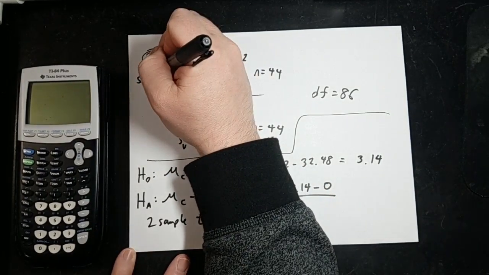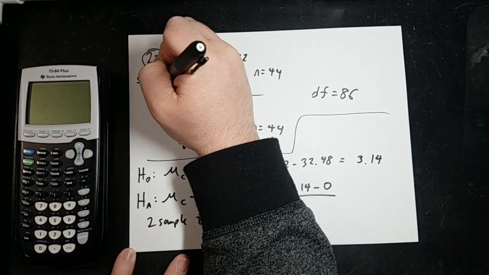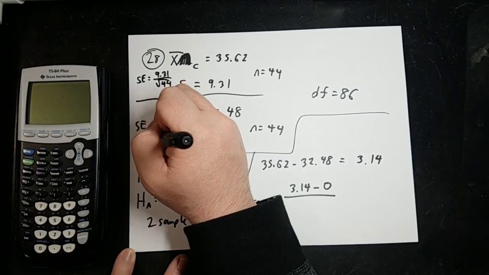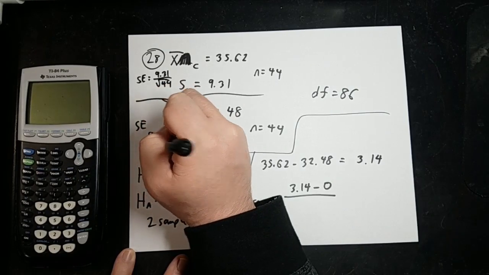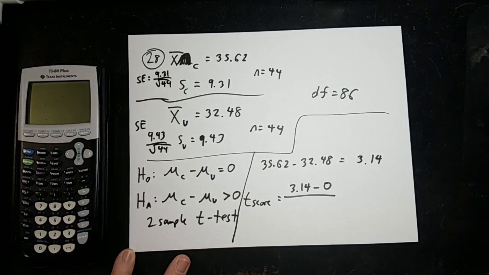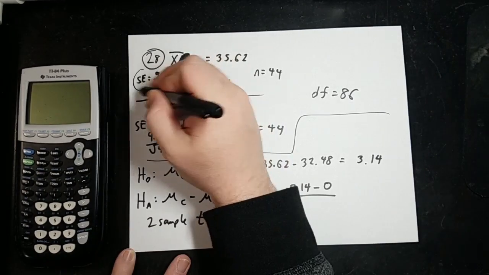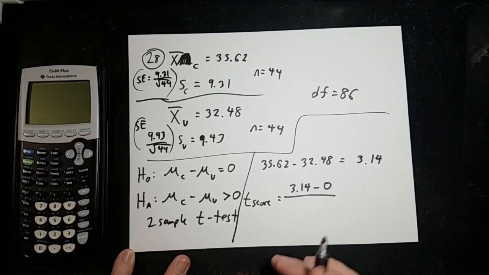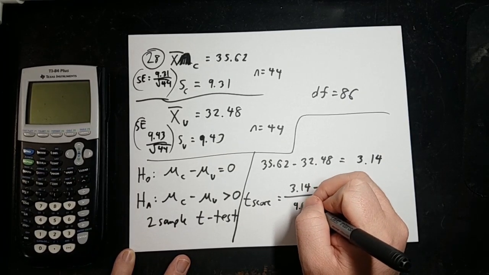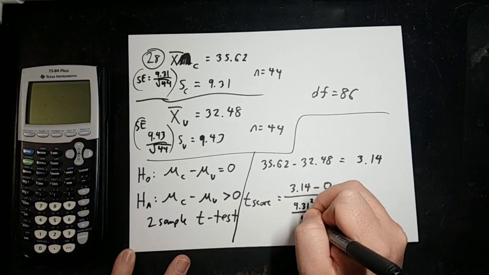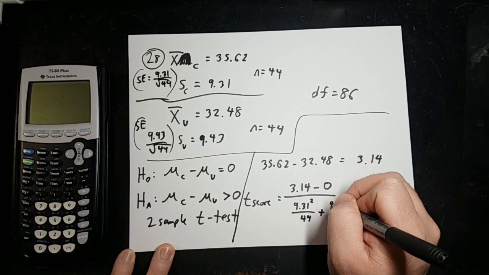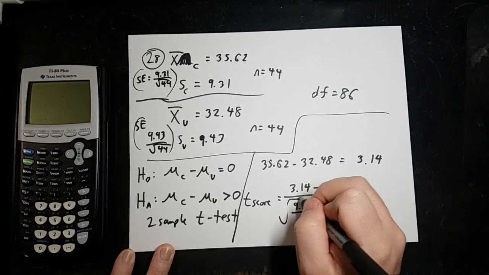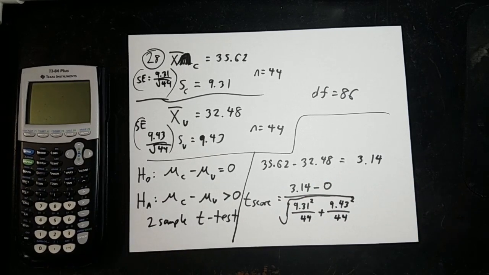The standard error of this one would be 9.31 over the square root of 44, and the standard error of this one would be 9.43 over the square root of 44. In order to combine them, I would have to square both of them, then add them, then square root them back. That's what it would look like.